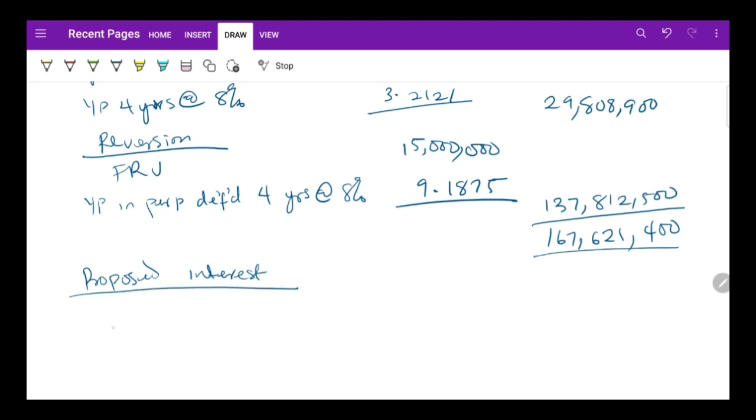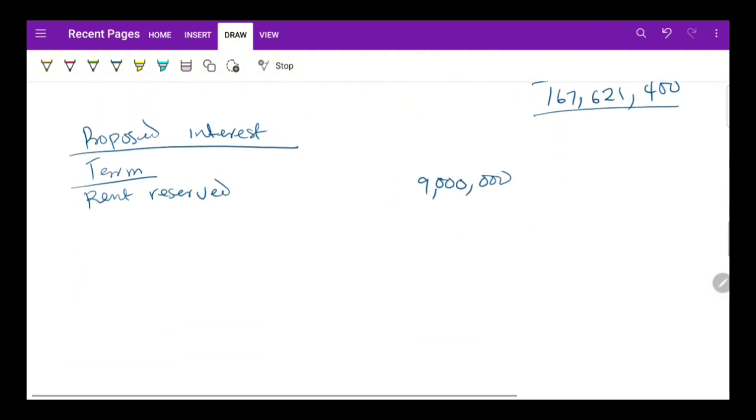So for the proposed interest, we have the term. Under the term, we have the rent reserved, which is 9 million naira. That is what the tenant is proposing to pay.